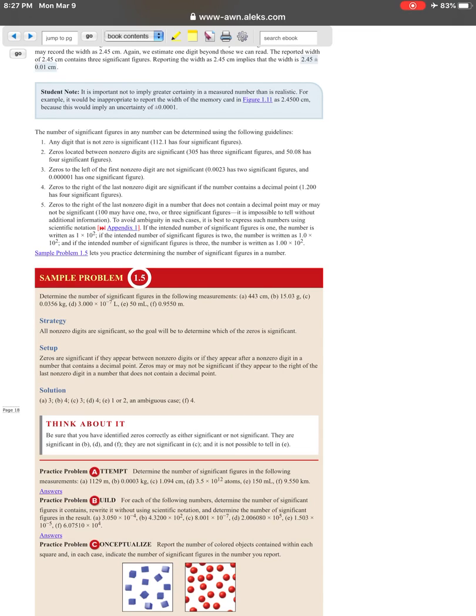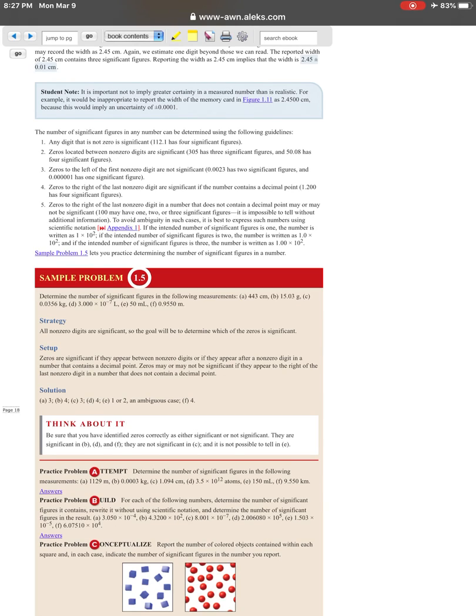And so that number, 305, would have 3 significant figures: 3, 0, and 5. Another example, 50.08. Both of the zeros are between numbers that are not 0, the 5 and the 8, so they would both count as significant. So 5008, all 4 would be considered significant. So that's 4 significant figures for that one. Okay, that's not too bad.